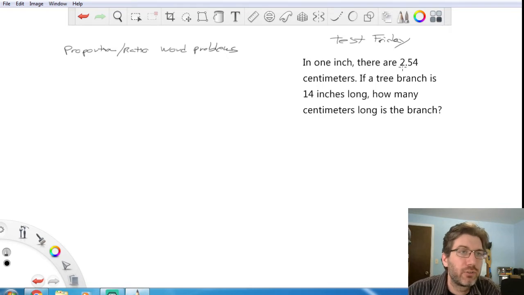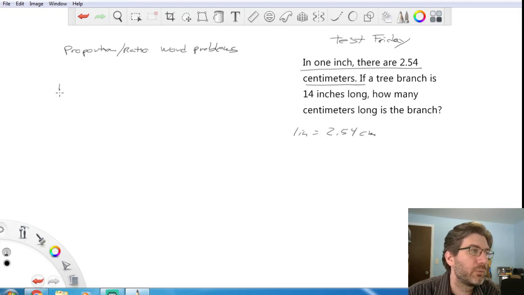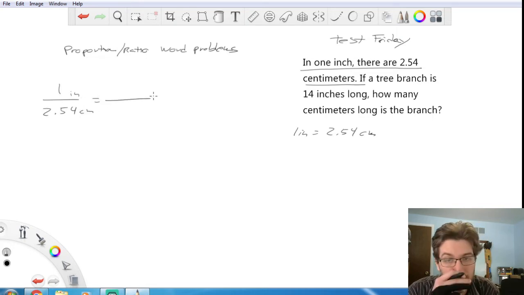In 1 inch there are 2.54 centimeters. So right away, hey, there's a ratio, right? You see the ratio, 1 inch equals 2.54 centimeters. You can set it up as 1 over 2.54. Just keep in mind this is inches and this is centimeters. And that's going to equal something else.